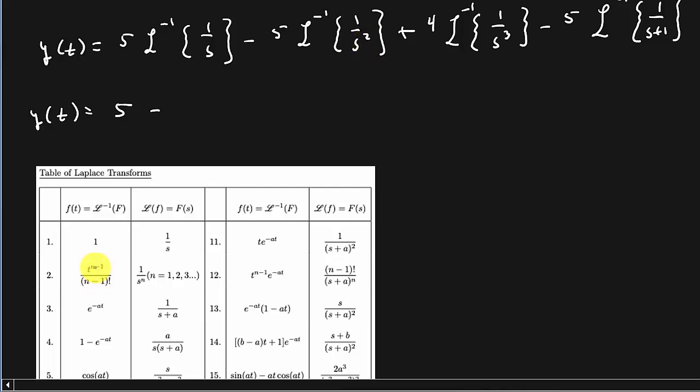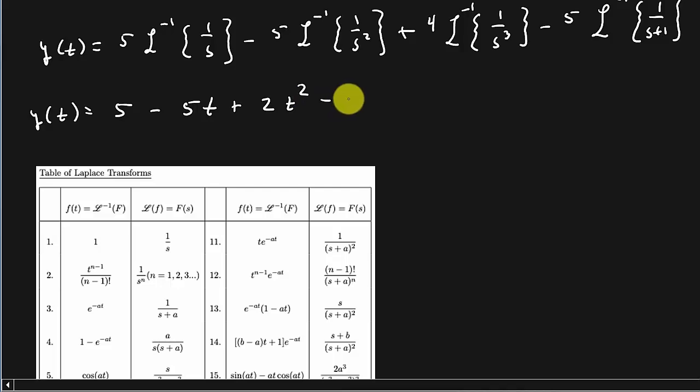So if we plug the 2 in, that's t over 1, which is just t. So that's going to be 5t. And for this one, n is 3. So if I plug the 3 in, 3 minus 1 is t squared over 2, right? n is 3. 2 factorial is 2. 4 times that is 2t squared.